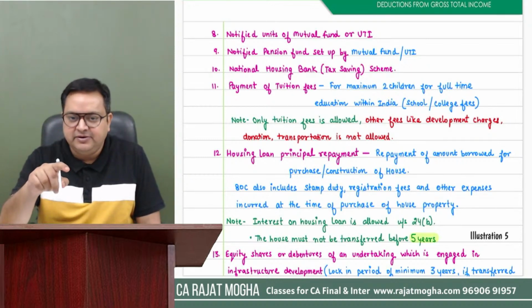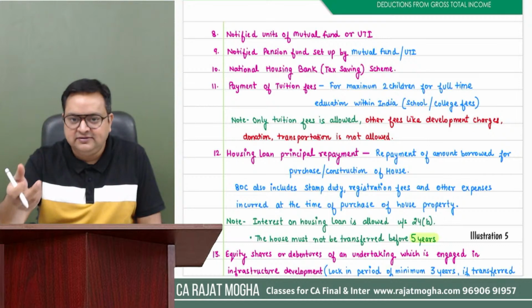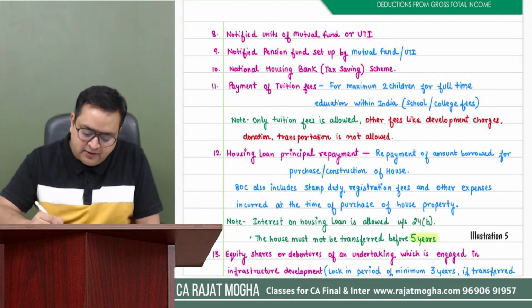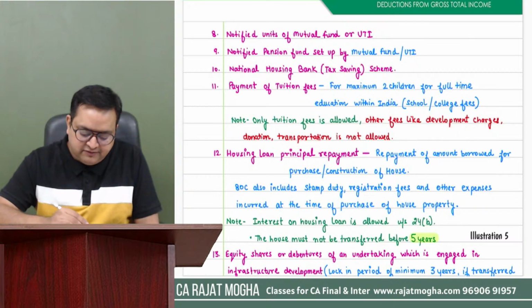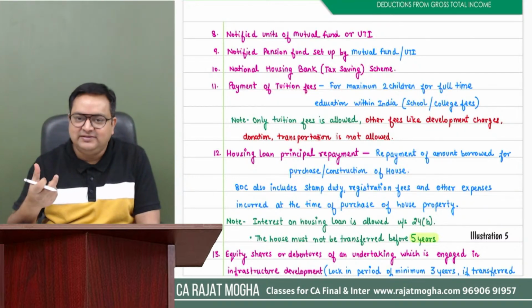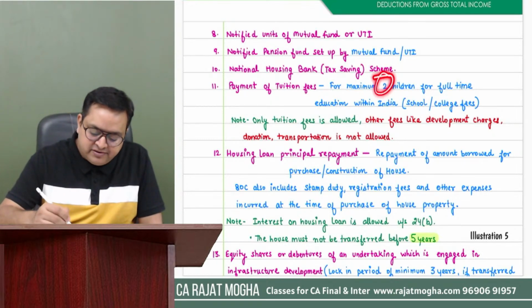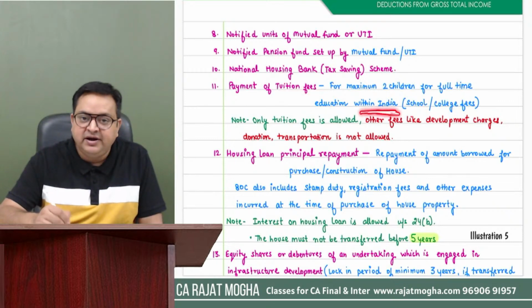School or college should be full-time. Transportation and other development fees are not covered. Please remember, tuition fees is quite a favorite of the examiner. Only for 2 children, and the school or college should be situated within India.